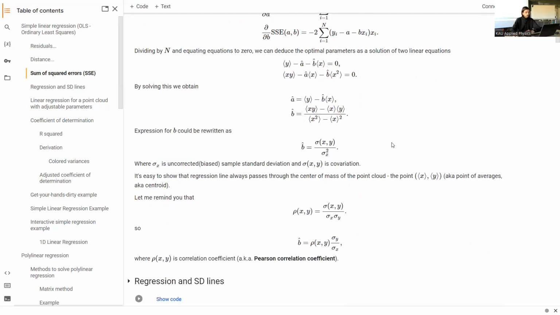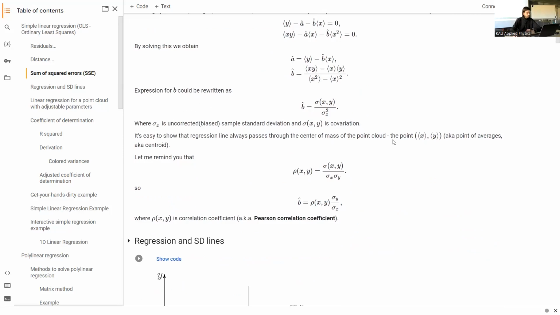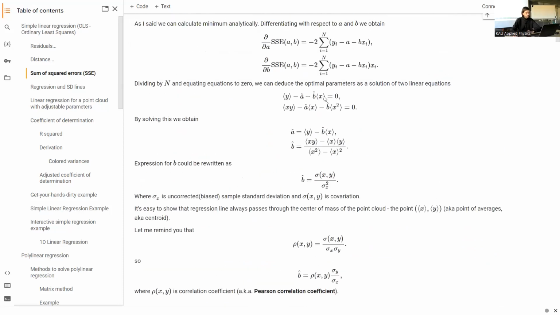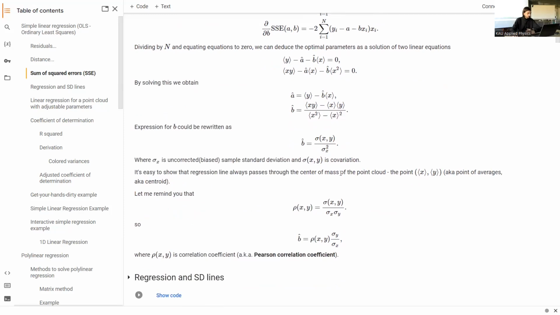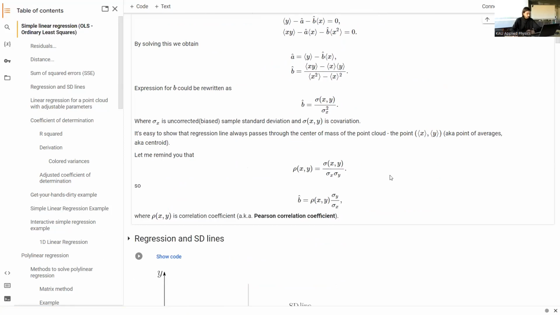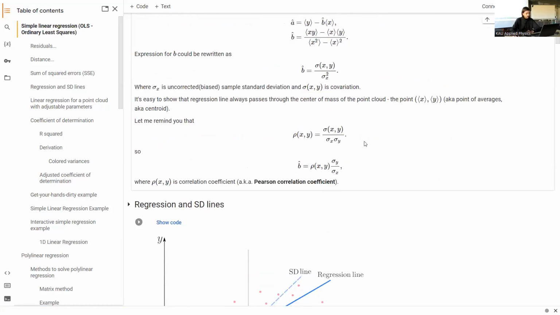We have already considered statistics, and now you can see that these parameters, A and B, can be described in terms of some functions from statistics. For example, the mean value, or the uncorrected or biased sample standard deviation, and so on. Covariation, you can call it. And here are these expressions.